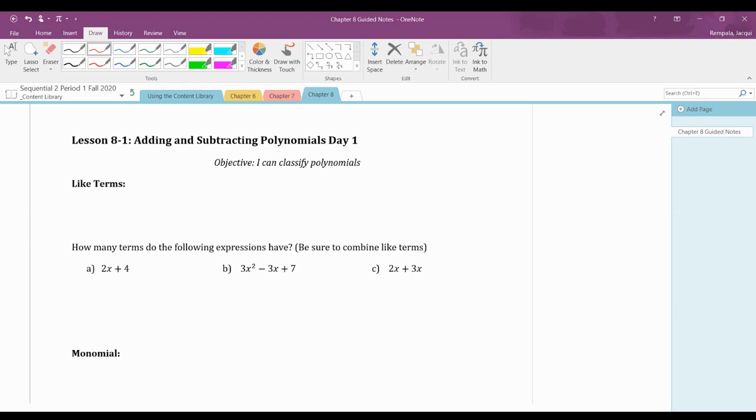We have to know what it means to be a like term. Remember, like terms are going to be terms whose variables and their exponents are the same.